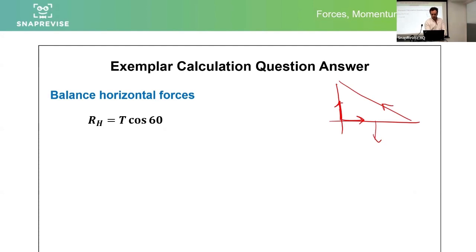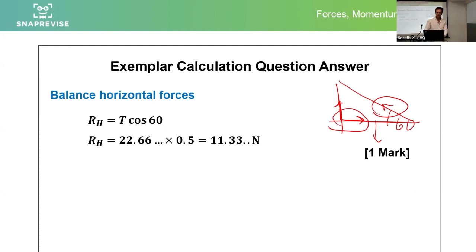The horizontal components, it's only going to be T and RH that contribute, and they're in opposite directions. So RH is equal to the horizontal component here, which is T cosine 60. Fab, we know what T is, so we can work out what RH is.